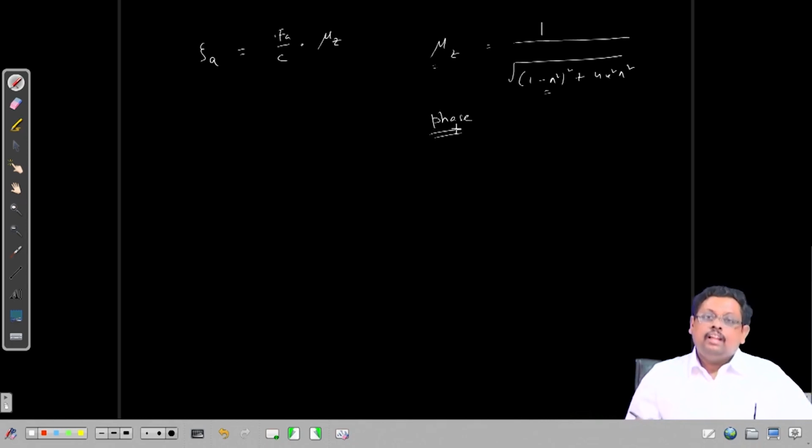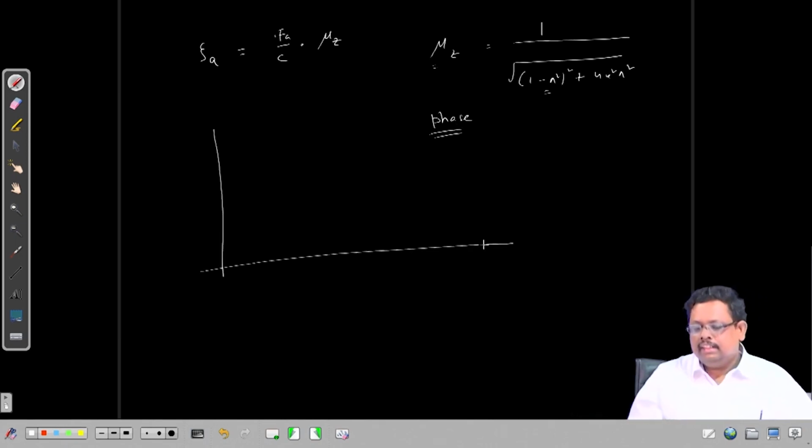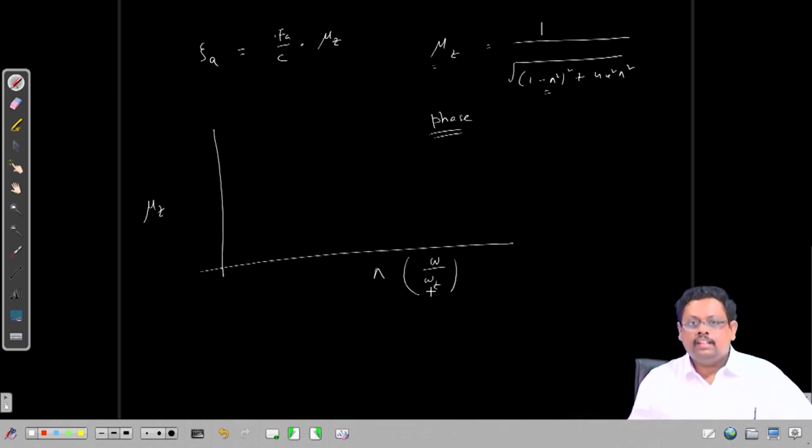Okay. Now, what is my interest over here, why I derive this? I am just trying to plot mu z, which is essentially the response, against the tuning factor gamma, which is essentially omega divided by omega z, right. Now, if you put gamma tending to 1, then you can see here it goes up to infinity.